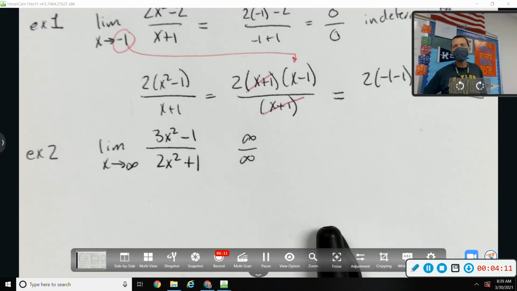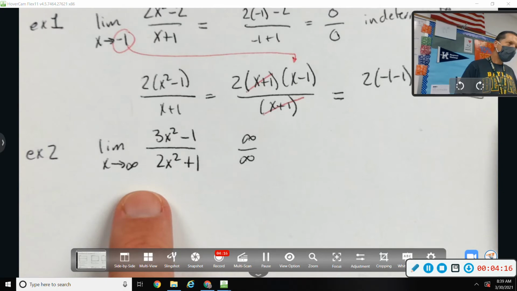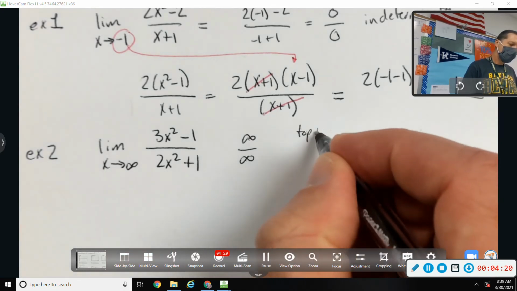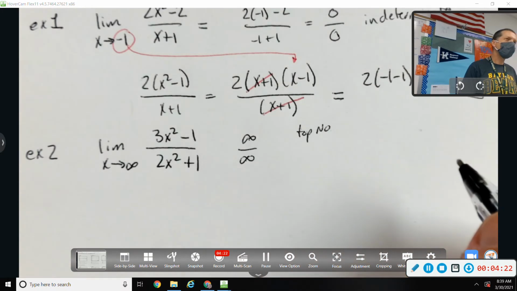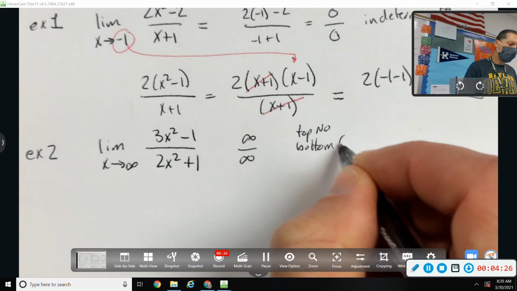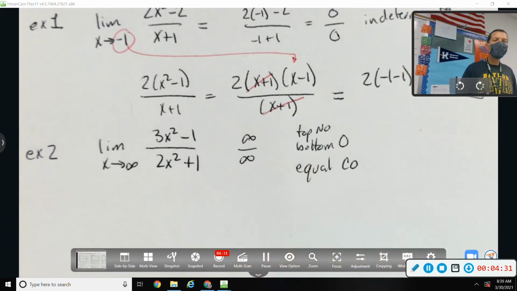Something about coefficients. That's pretty good. Top no. What's the rest of that? Bottom O and equal co. What? So what situation is it?